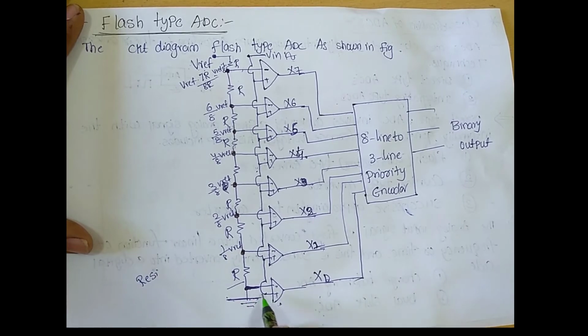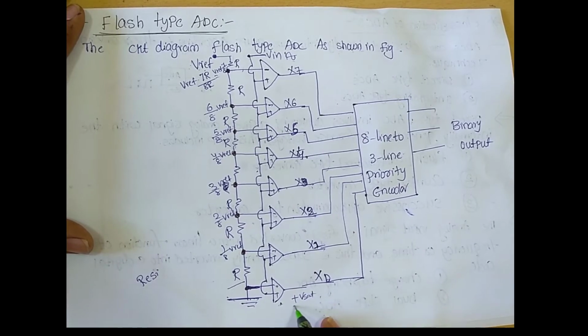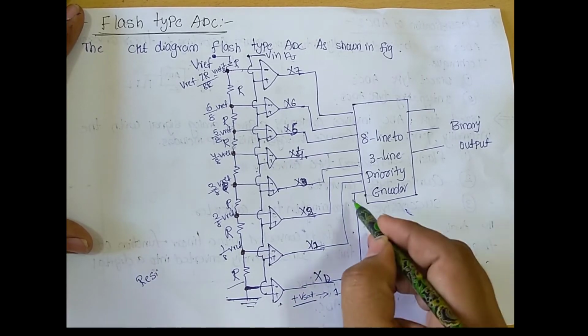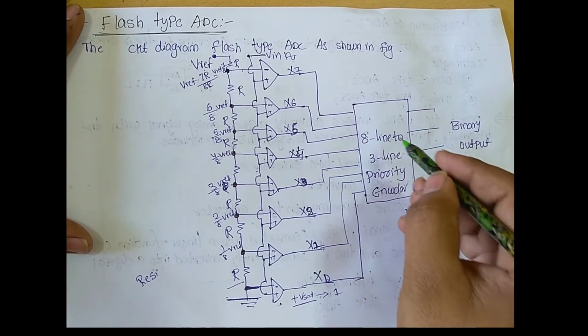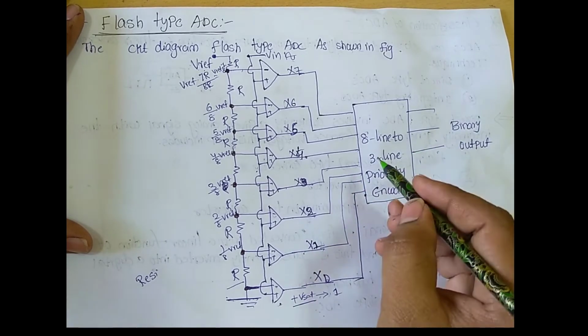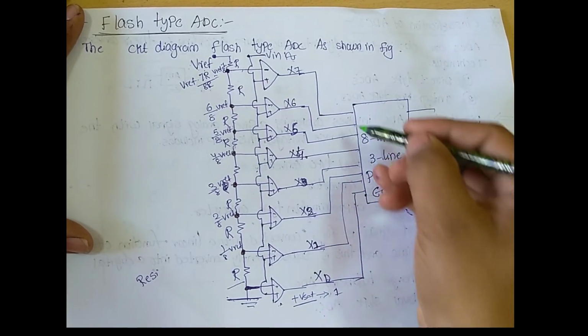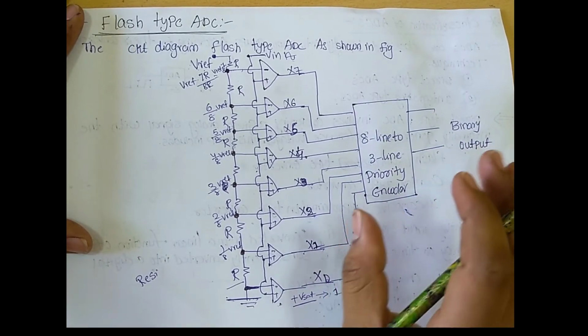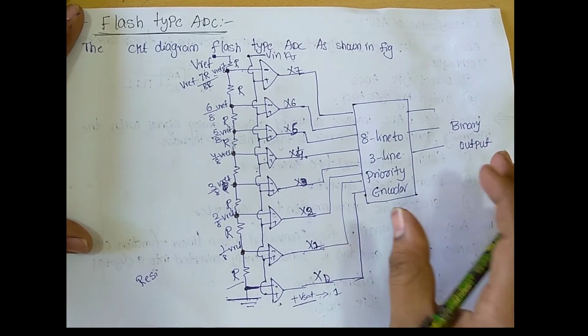For example, if the input signal value is higher than the reference voltage, the comparator provides the output V saturation, which we assume as logic 1. This output is connected to the input of the 3-bit priority encoder, which encodes this information into digital form. In this way we get the digital output signal.